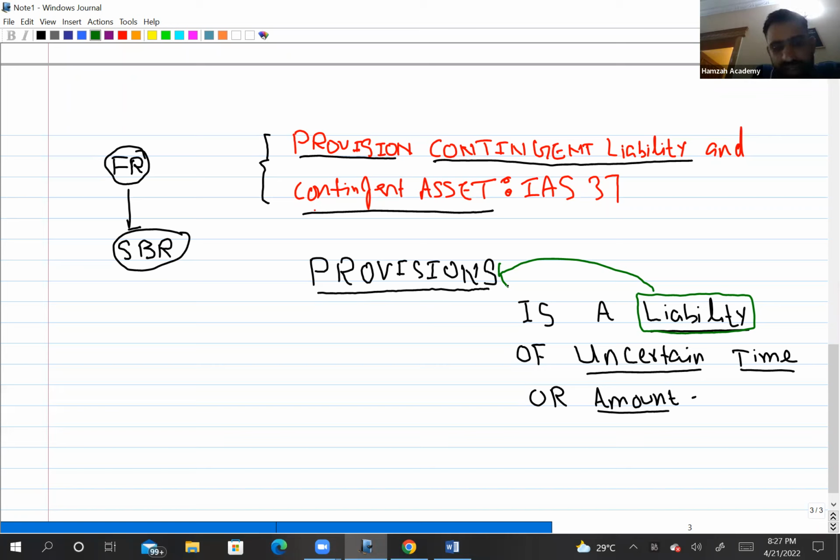So what is a liability? If we define the liability, it has three components. Number one, it's a present obligation.